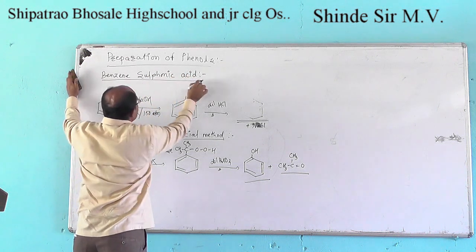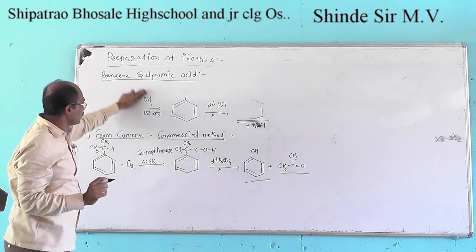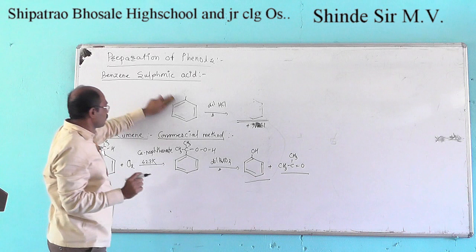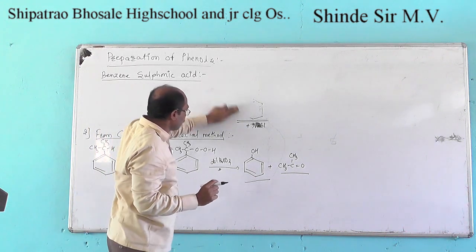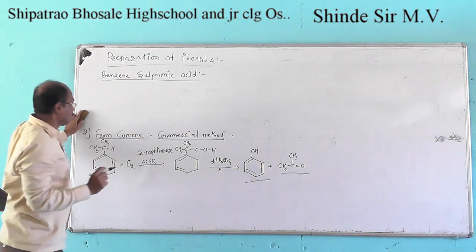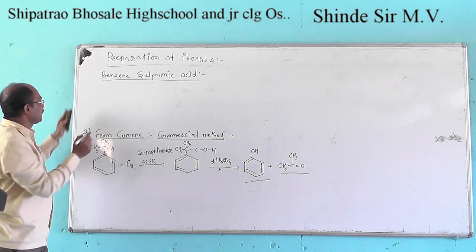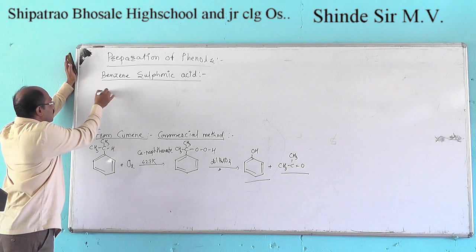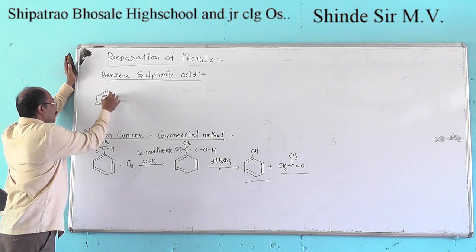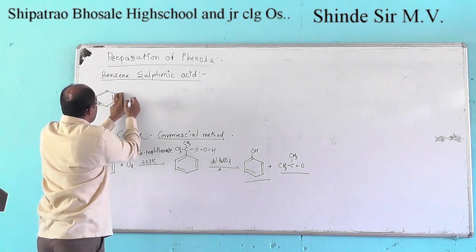Benzene sulfonic acid is prepared by the action of benzene with oleum. With oleum, we are obtaining the benzene sulfonic acid.